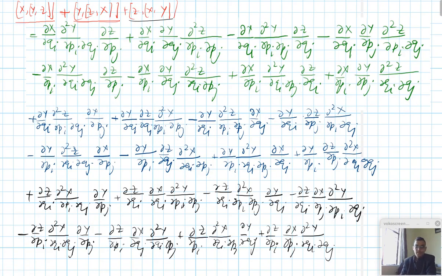Now I will apply here a little trick. If I recall that ∂x/∂qi ∂y/∂qj can be written as ∂x/∂qj and ∂y/∂qi, so they are equal and symmetrical.